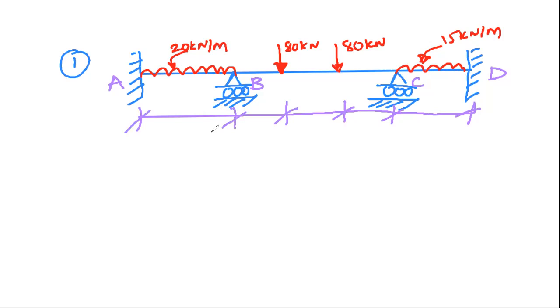Here the first span length is 4 meters. In the mid span we have two loadings, so the total is 6 meters, each segment being 2 meters, 2 meters, and 2 meters, and the last span is 4 meters.